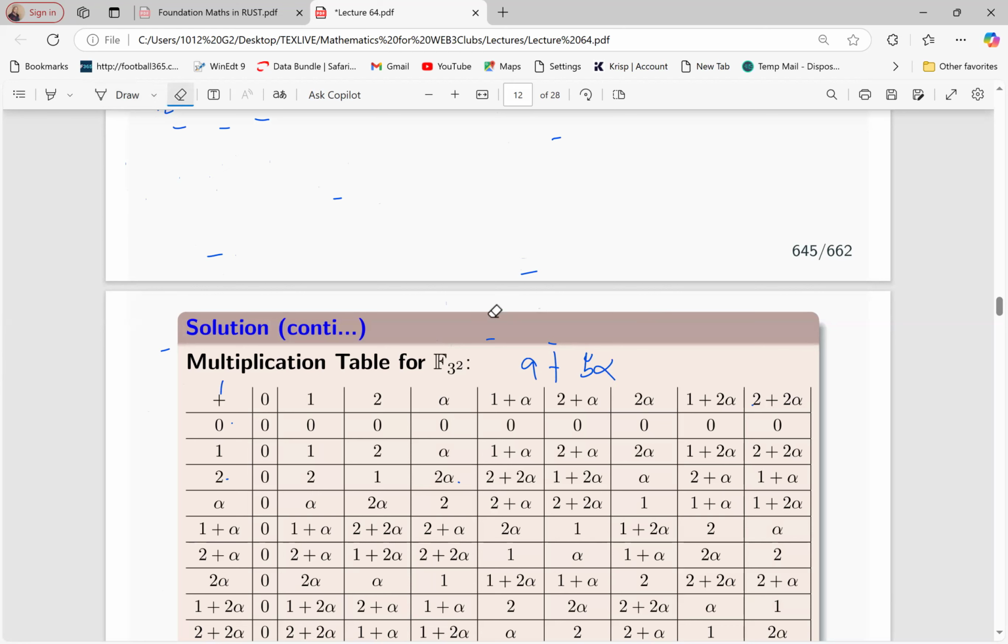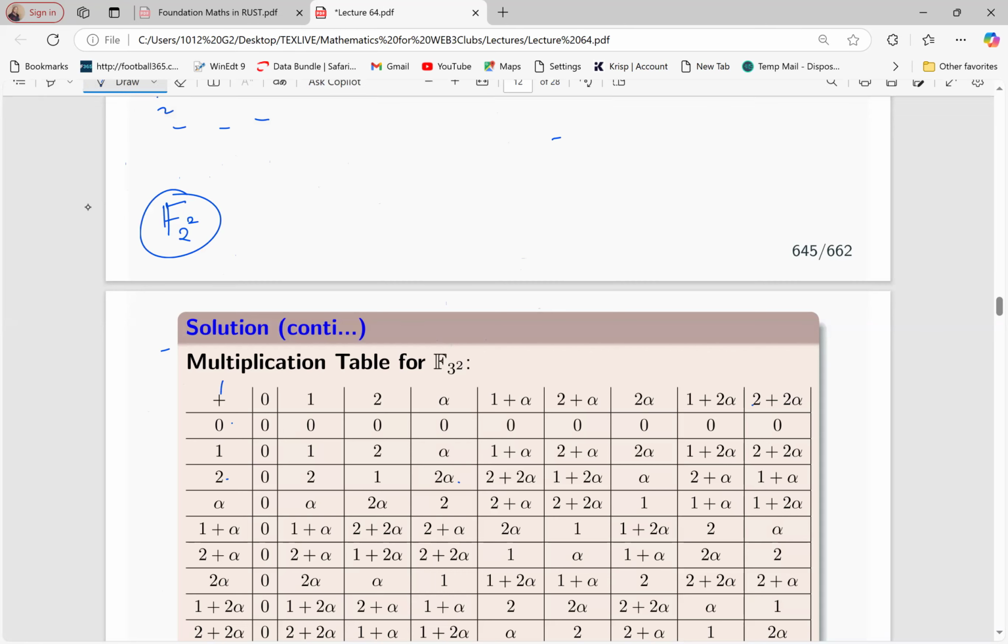And then you must know that the degree of this extension is the same as the degree of the polynomial you're using. So if the polynomial was of degree 2, and your base field was 2, this becomes the field extension, and its degree will also be 2. But how many elements does it have? 4 elements. We have 4 elements.